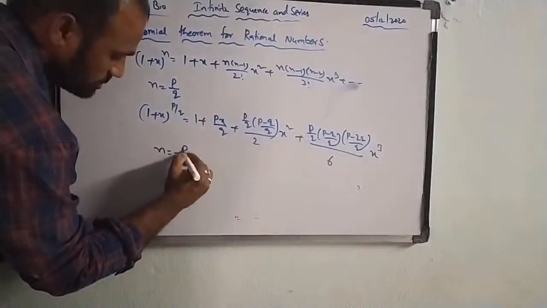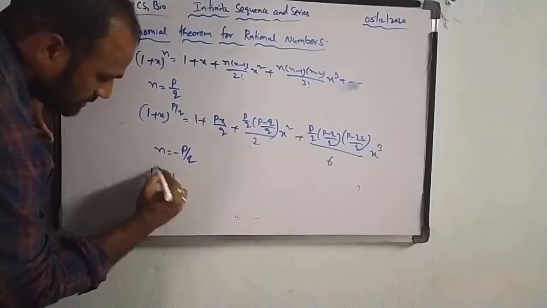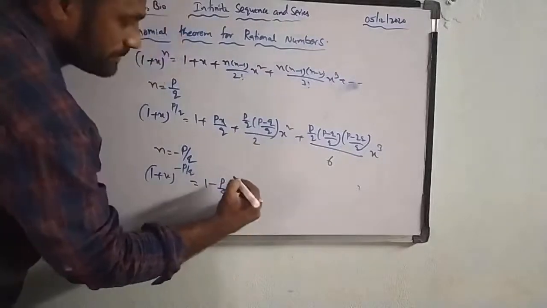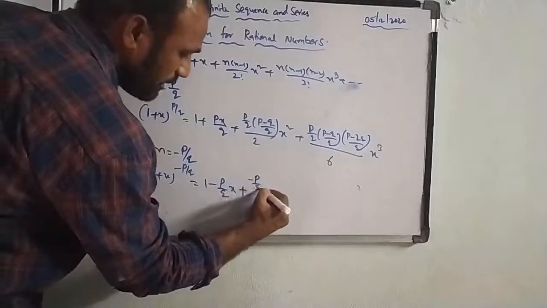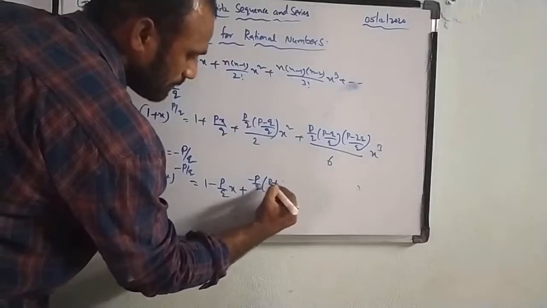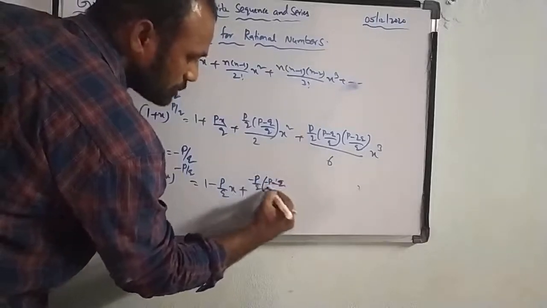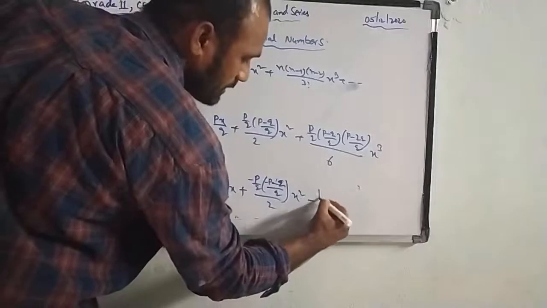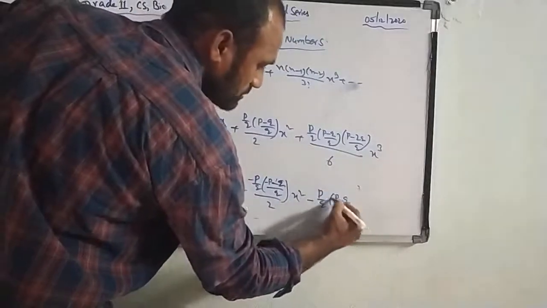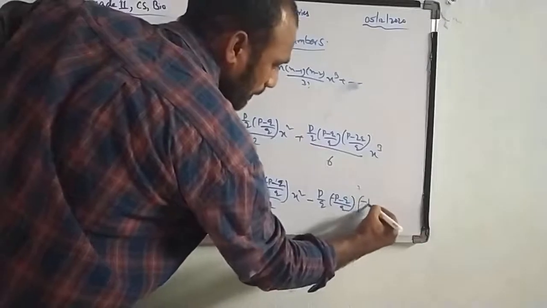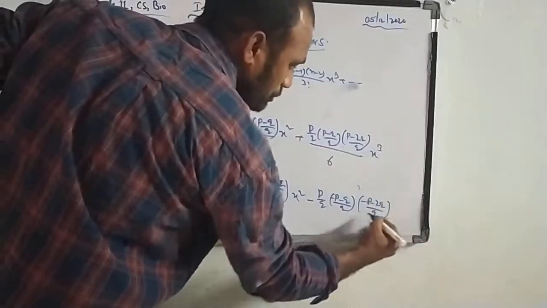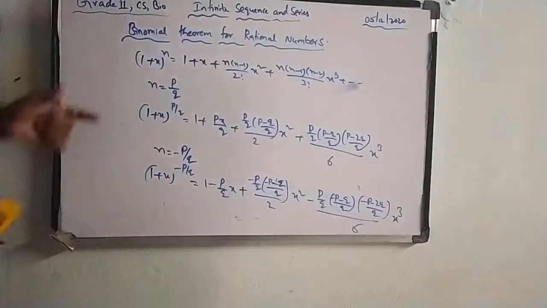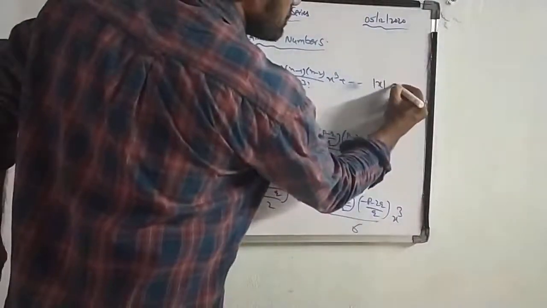If the question asks for n equal to minus p by q, then (1 plus x) whole to the power of minus p by q equals 1 minus (p by q)x plus (minus p by q)(minus p minus q by q) by 2 into x square minus (p by q)(p minus q by q)(p minus 2q by q) by 6 into x cube. So we can derive it for anything, but make sure that the condition mod x is always less than 1.